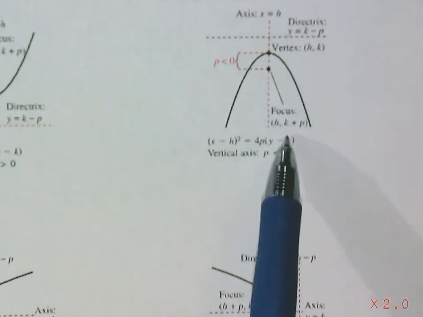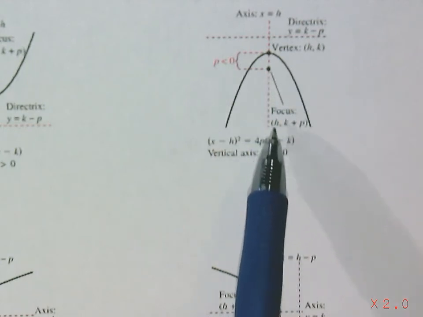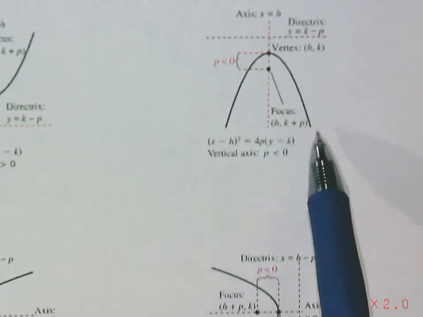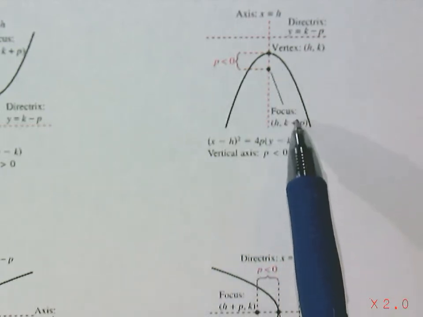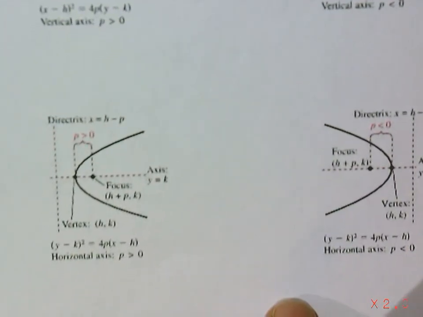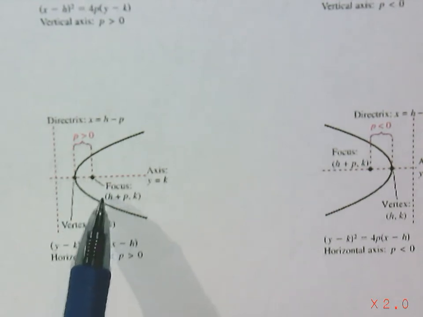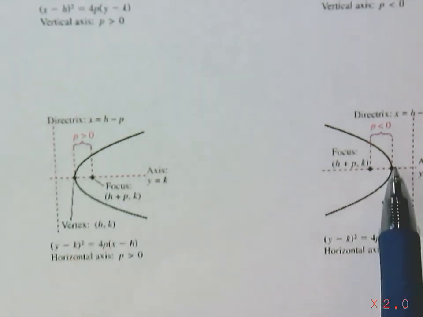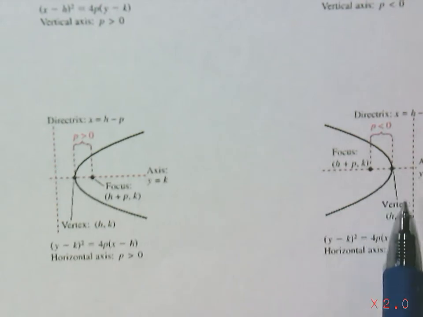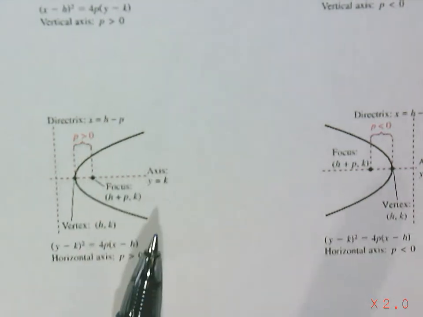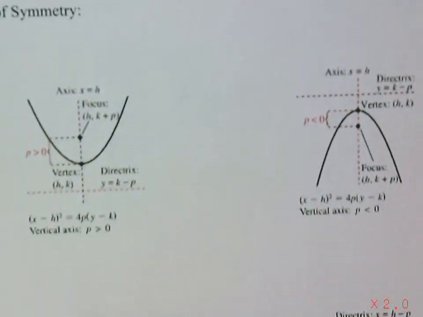This one you're moving down, so the formula is going to be (h, k plus p), but p is going to be a negative value. This is moving right, so it's going to be (h plus p, k). This one's moving left, but p is going to be a negative value, so it's going to be (h plus p, k). That's one reason I don't memorize the formulas: each formula could be different, and I just understand the concept a little better.